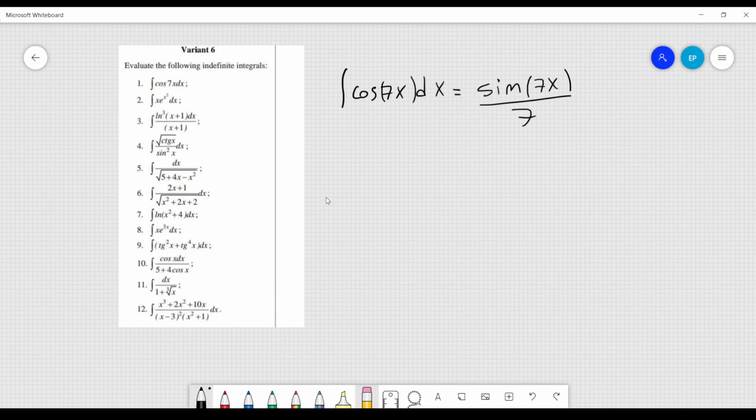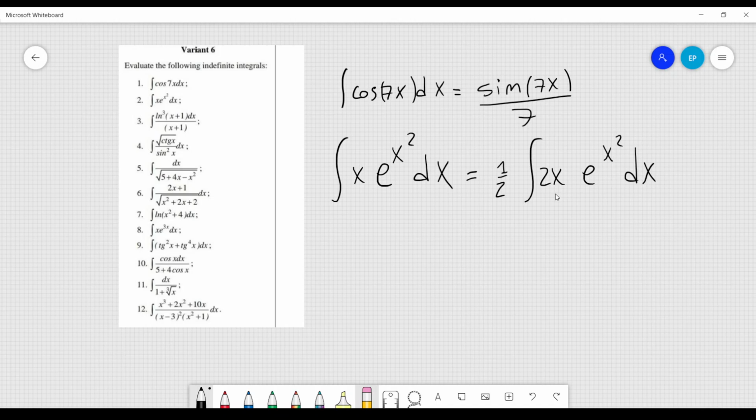And then we have the integral of x times e to the x squared dx. In this case, we have almost the derivative of the argument of the exponential. Instead of x here, I want 2x because the derivative of x squared is 2x. So I have 1/2 times the integral of 2x e to the x squared dx.